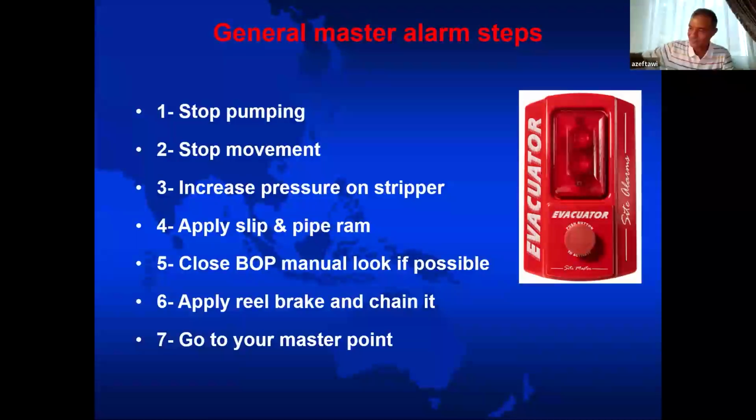Let me go to the wording of the API. You're going to find it in API RP 16ST, where it tells you the check valve, you put it at the bottom of the coiled tubing, is not a standalone barrier.